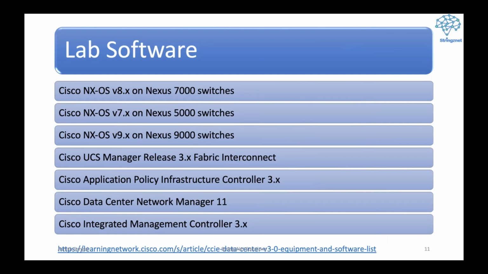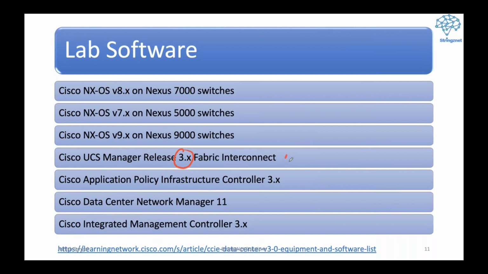What software? The same software to be installed, to be loaded in different hardware devices are presented over here. Well, I must say there is a lot of upgradations which have happened with regards to the software. For example, UCS Manager release 3.x is not the one now.